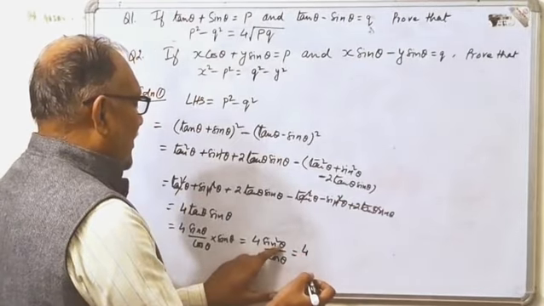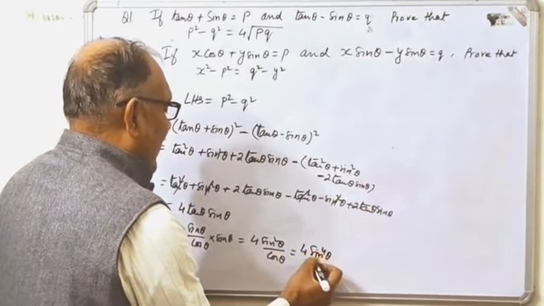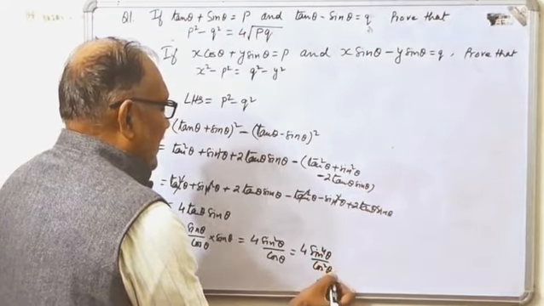Now in place of sin square theta, we write sin to the power 4 theta, and in place of cos theta, we write cos square theta.